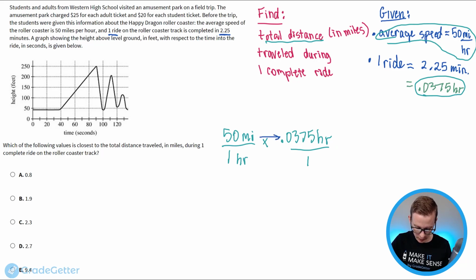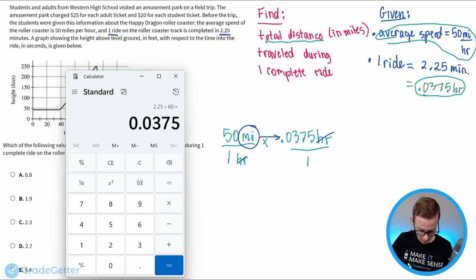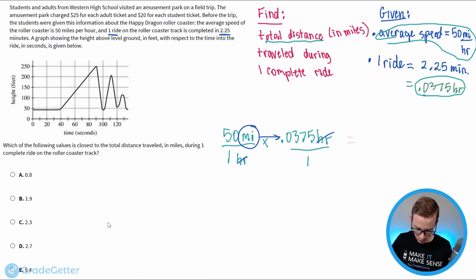So 50 times 0.0375 over 1. And the hours will cancel out. So we're left with just miles. So 50 times 0.0375, let's bring up our calculator again, equals 1.875. And the units for this again is miles. So this is going to be our final answer. This is the total distance traveled during one complete ride.